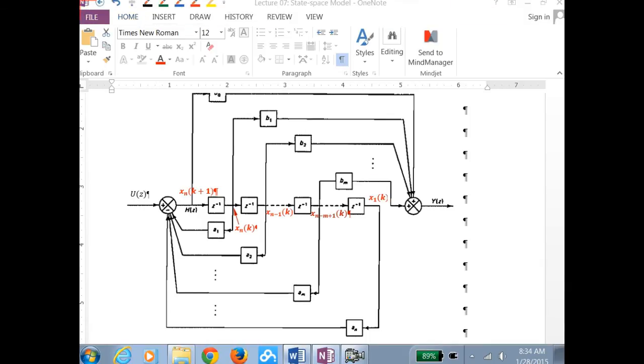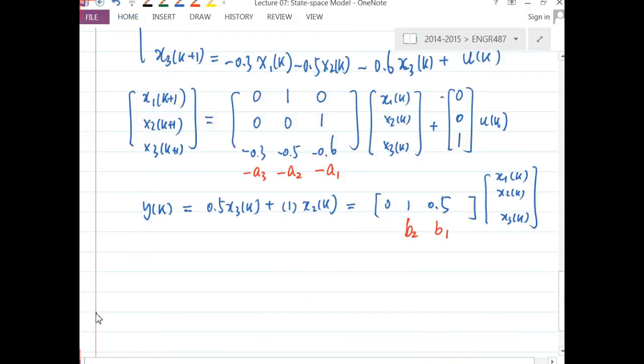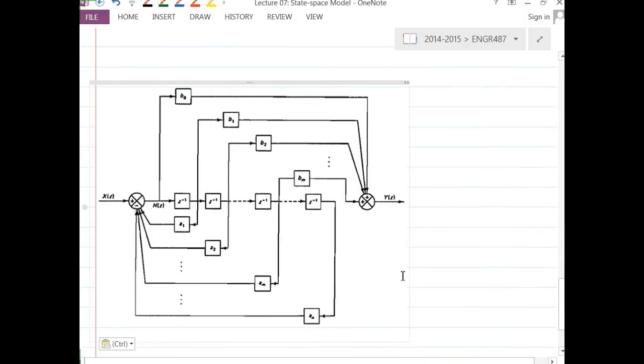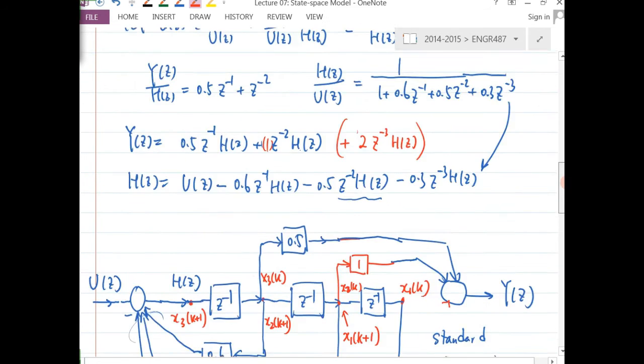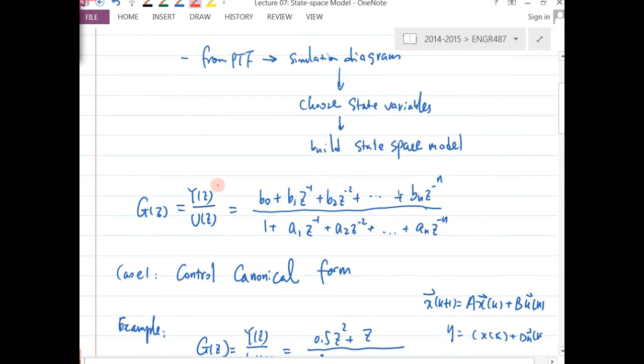If you have a very general case and you build this simulation diagram, and this is what you see in your handouts here, basically, you just need to add one block for the Bn, okay, for the Bn that are here, to make it the same as this generic expression.